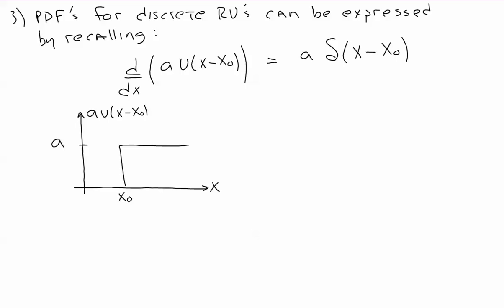It's 0 for x less than x naught. It's weighted by the amplitude A for values greater than x naught, and it's more or less undefined at the value x naught. My delta function then looks something like this.